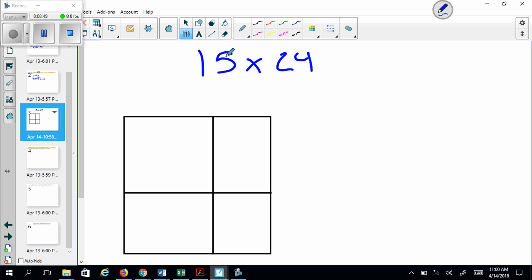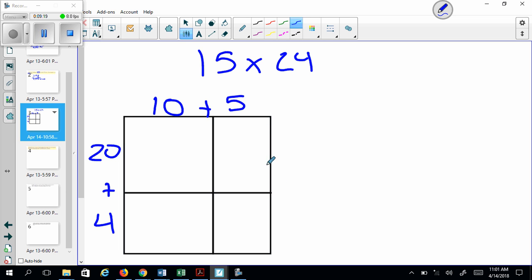I'm going to use the first number up here, so I'm going to do 15. So I'm going to do 10 plus 5, and then 20 plus 4. And again, you use the numbers that are touching the boxes. This number is the same down here. This number is the same down here. 4 is the same here as it is here.